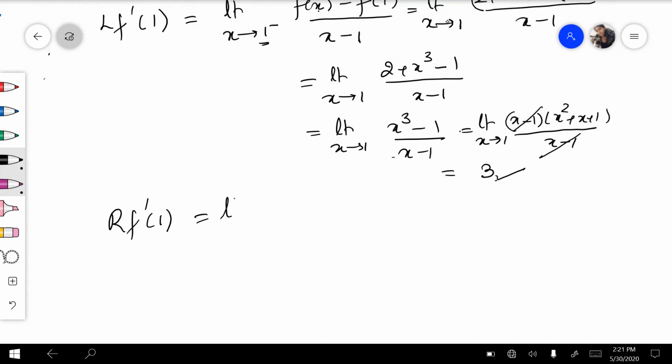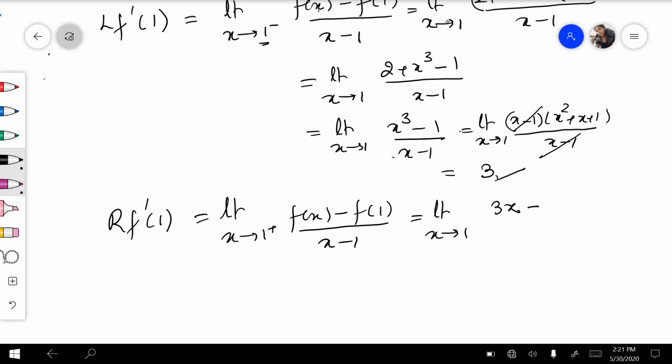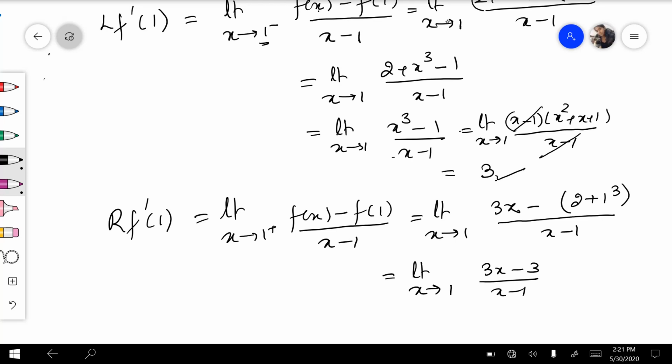This will be limit x approaches to 1 plus of f of x minus f of 1 upon x minus 1. In case of 1 plus, it was thrice of x minus 2 plus 1 cube upon x minus 1, which gives you limit x approaches to 1, 3x minus 3 upon x minus 1, which simplifies to 3.